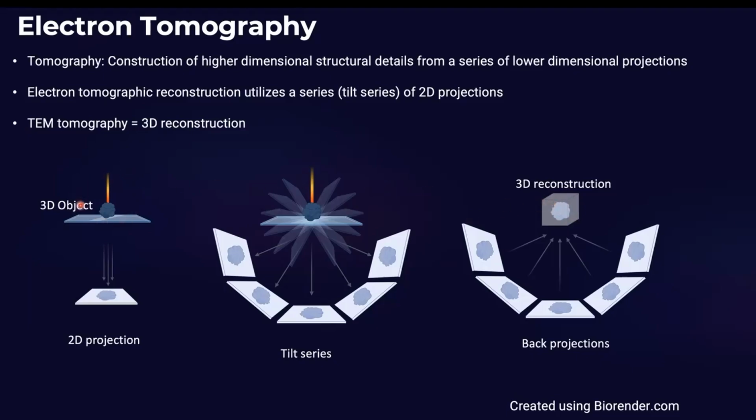That means we are able to reconstruct the three-dimensional structure of the original 3D object. It has a series of steps. First, collecting a series of tilted images by tilting the sample, but it has a limitation. We can tilt only to a certain extent, and then reconstruction.